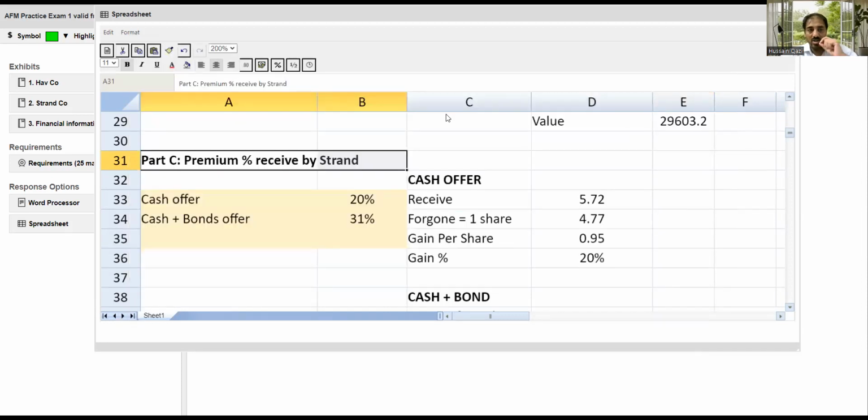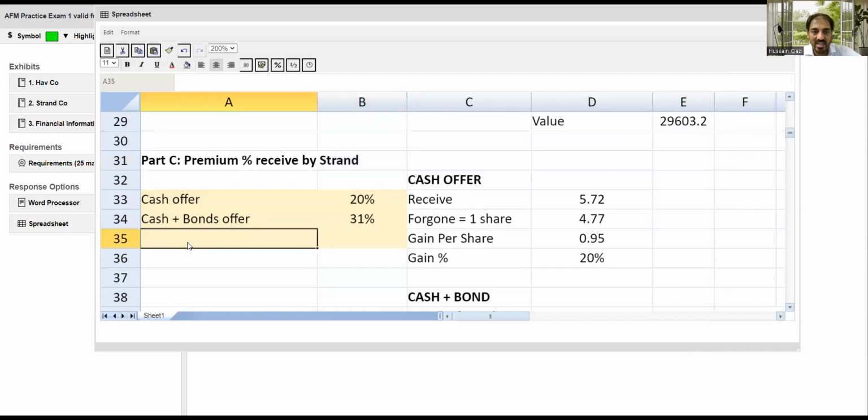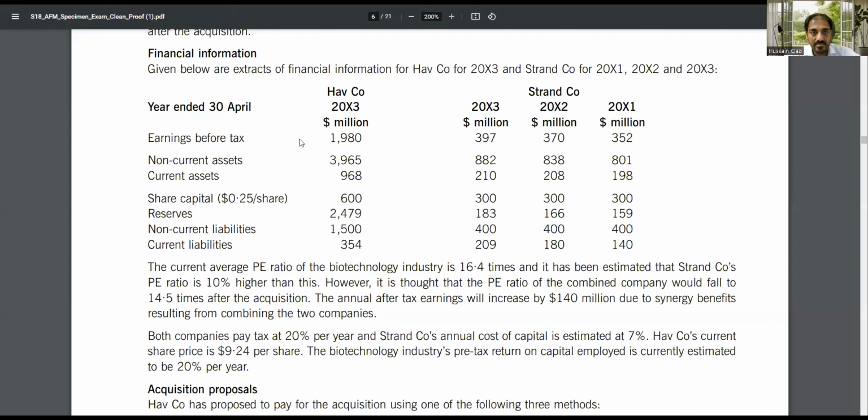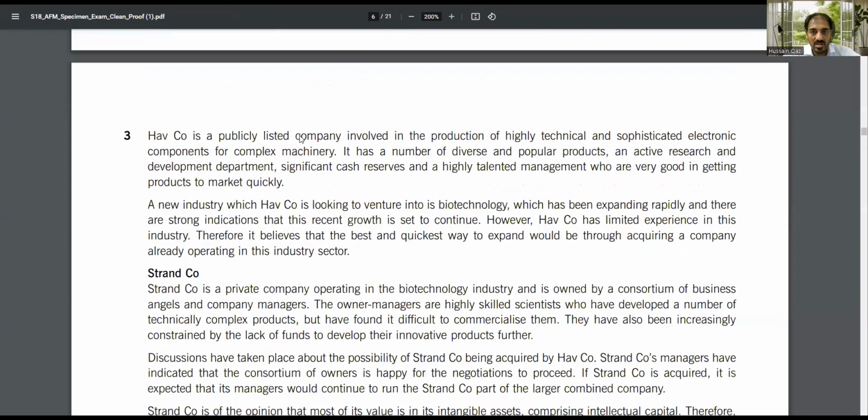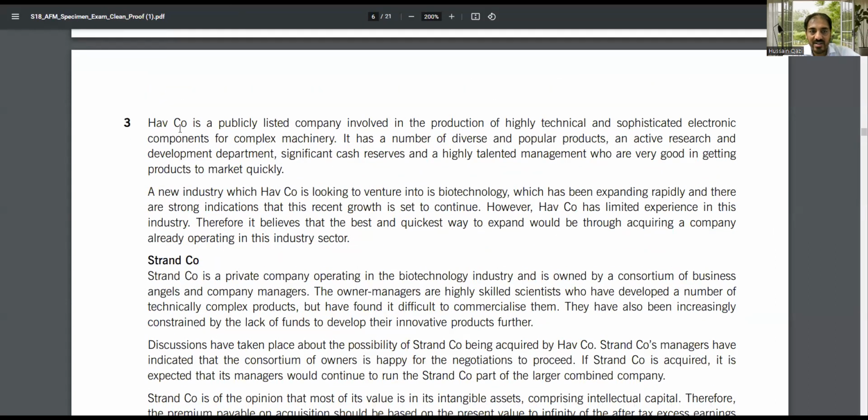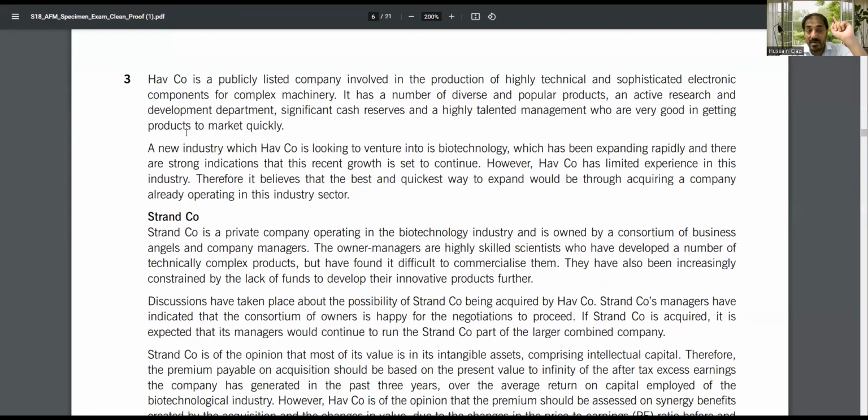Again, I wanted to add one thing here. Candidates, listen carefully. This is a company question that was originally published back in June 30, 2013, and also the September 18 AFM specimen.